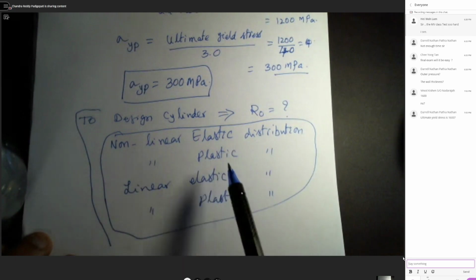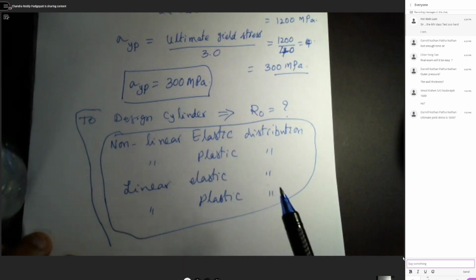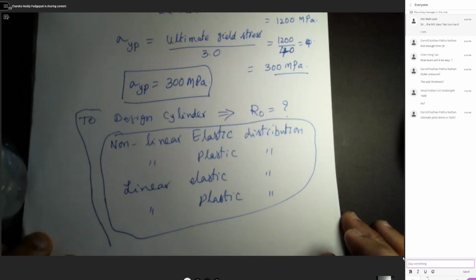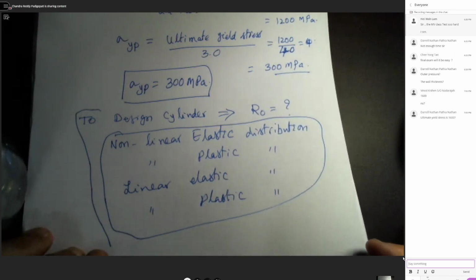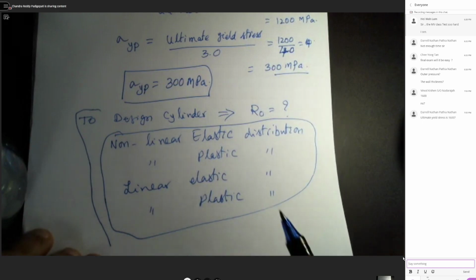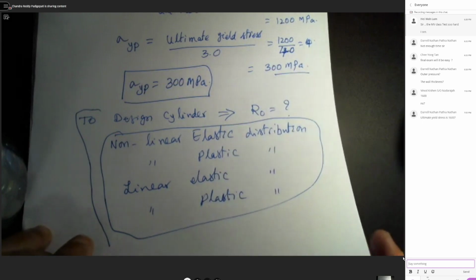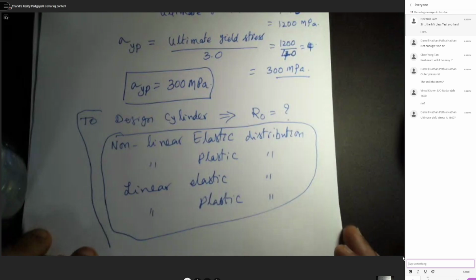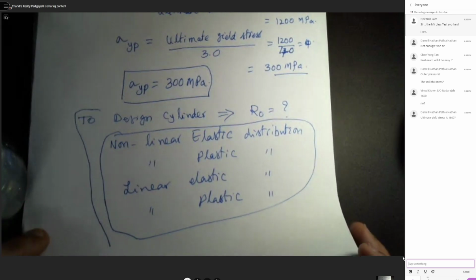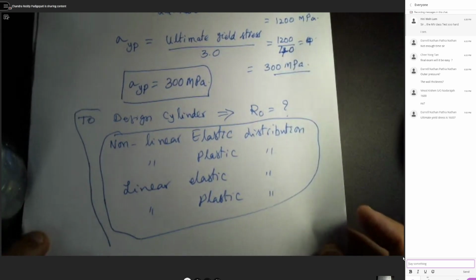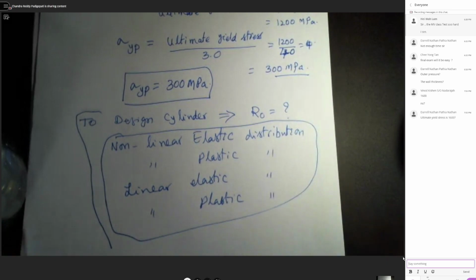We'll apply the required equations, and we have all the data except the outer radius, so we can find it out. All right, guys, any questions?